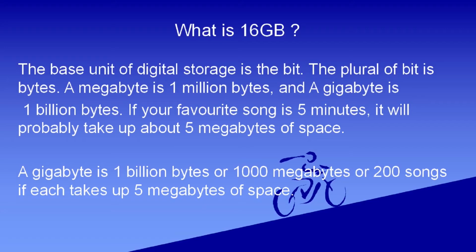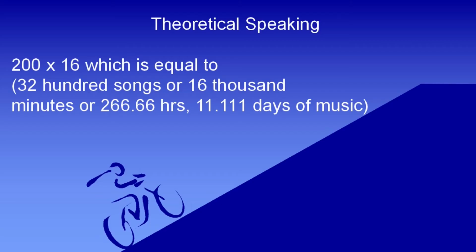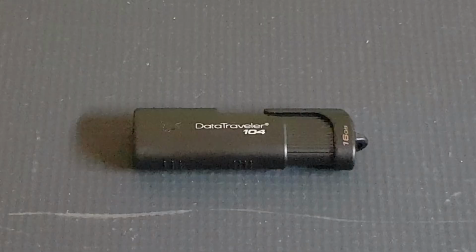So in the case of this device, the Kingston Data Traveler 104 16 gigabyte, it could theoretically hold 200 times 16, which is equal to 3200 songs, or 16,000 minutes, or 266.66 hours, or 11.111 days worth of music. Now, how much it really holds depends on complicated things like compression rates or compression ratio and audio format, but we're going to keep it simple for now.